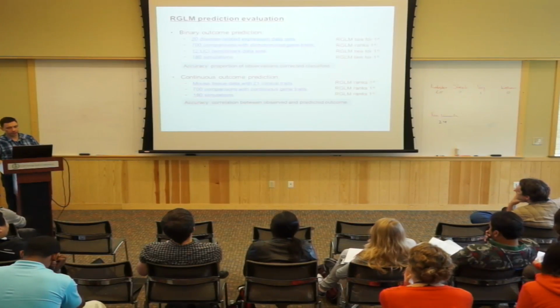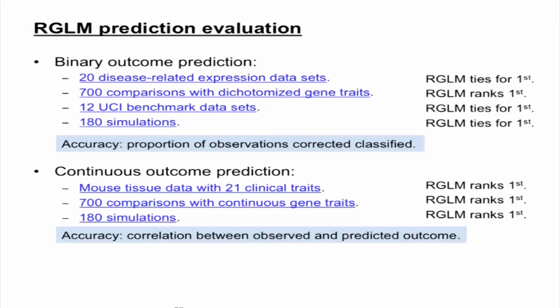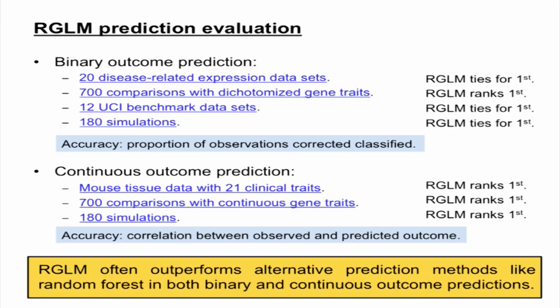And what we found is that this random GLM really at least tied for the first place, if it wasn't the first place. So it consistently had superior performance. And because of that, I present it to you today.